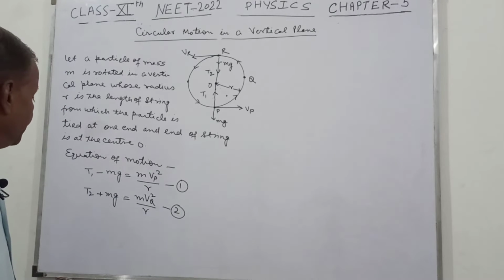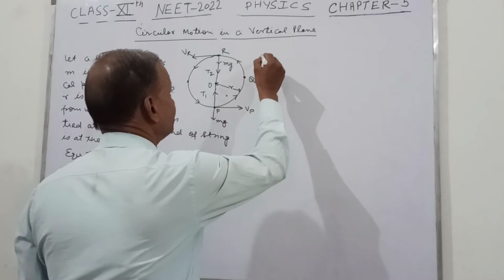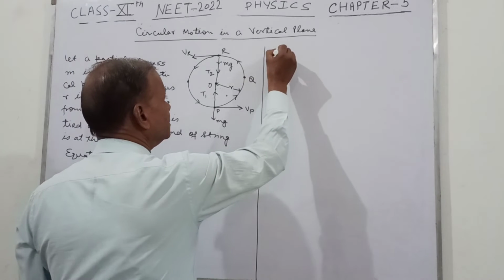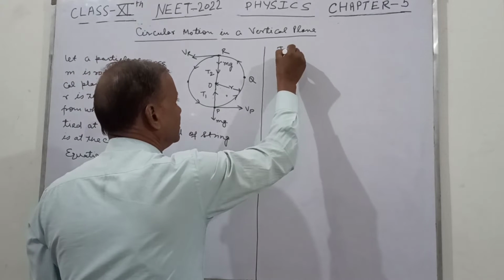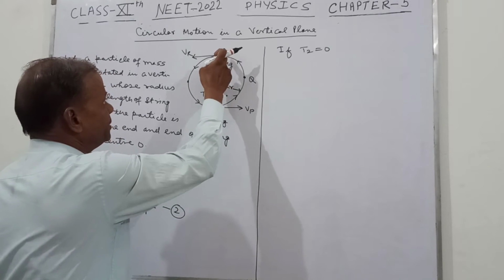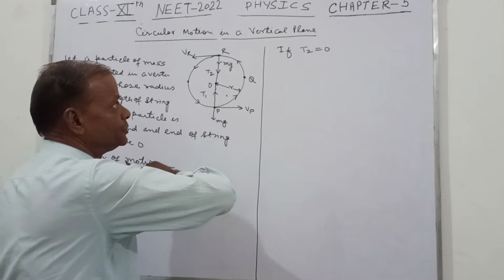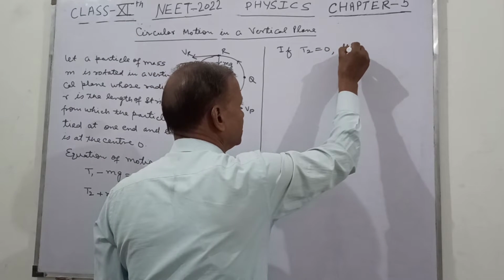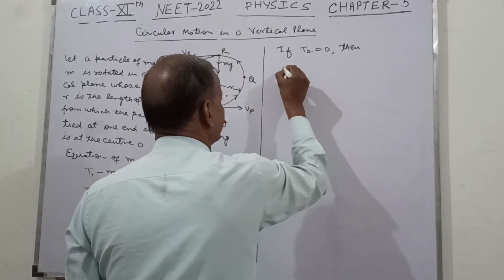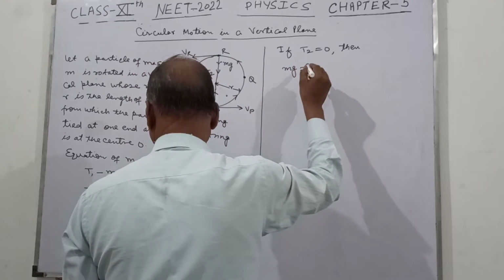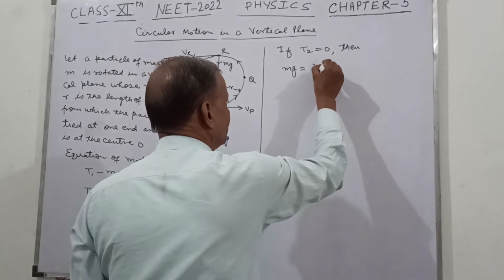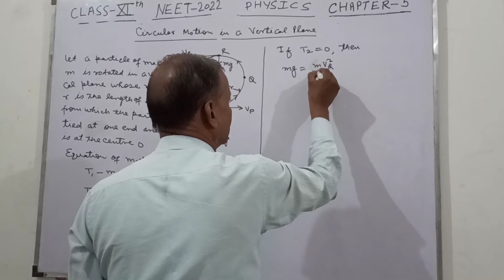So you can see that if T2 is equal to 0, means the tension in the string at this point is equal to 0, then what we have? mg equal to m vq square upon r.